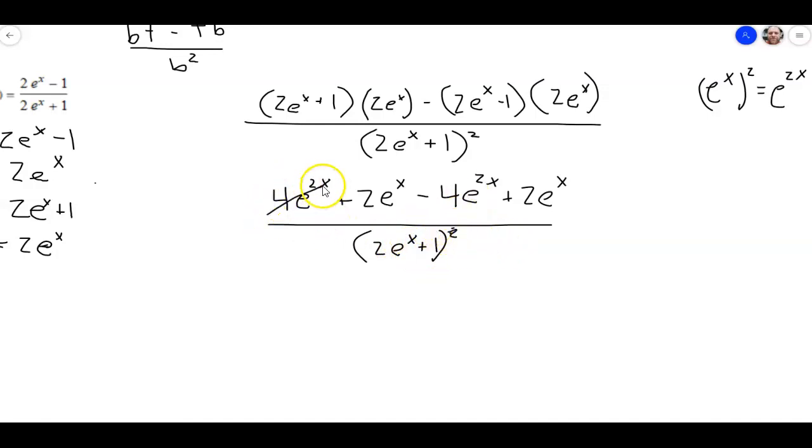Now the 4e to the 2x is going to cancel out with the other one. So 2e to the x plus 2e to the x is just going to be 4e to the x. So on top, I should just have 4e to the x all over 2e to the x plus 1 quantity squared.